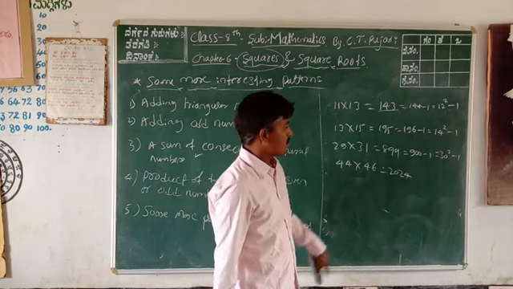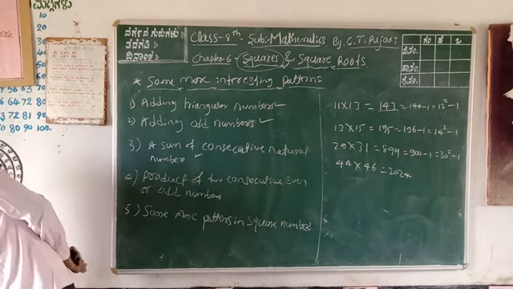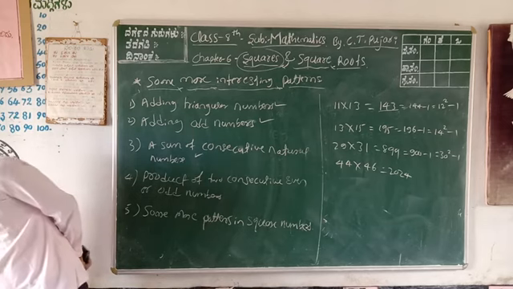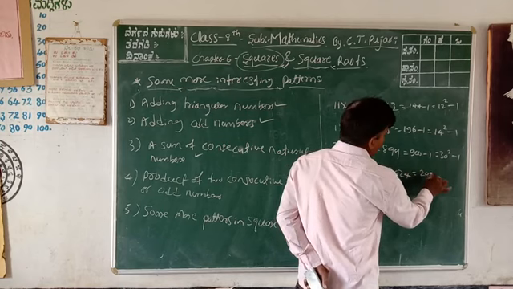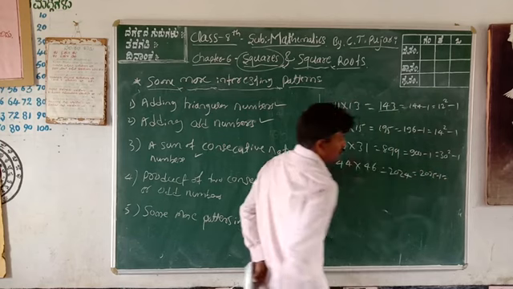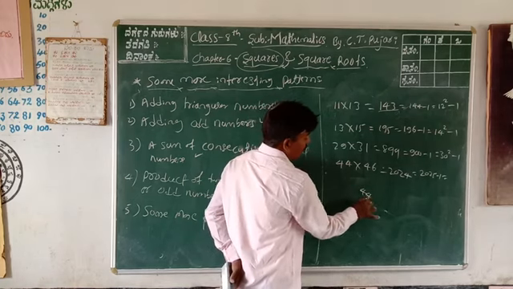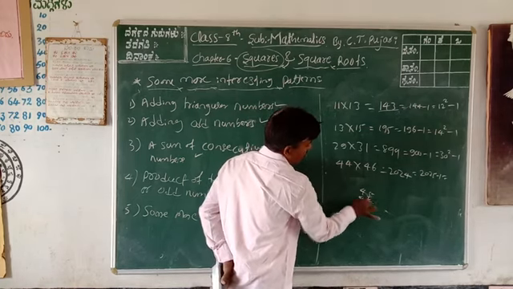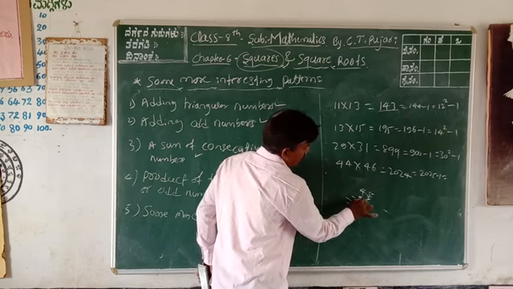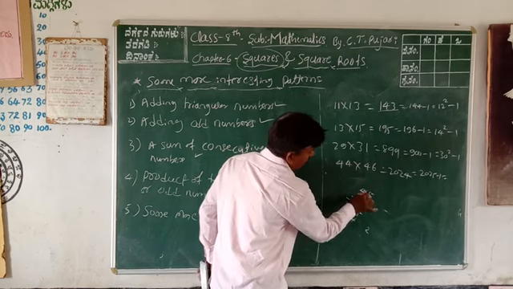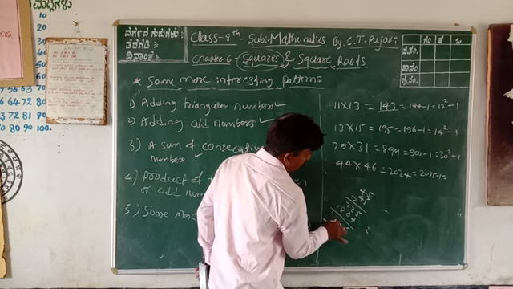What about the next one? 2024. We can rearrange it as 2025 minus 1. 2025 is which square number? 45 into 45. 5 fives are 25, 5 fours are 20, 4 fours are 16.